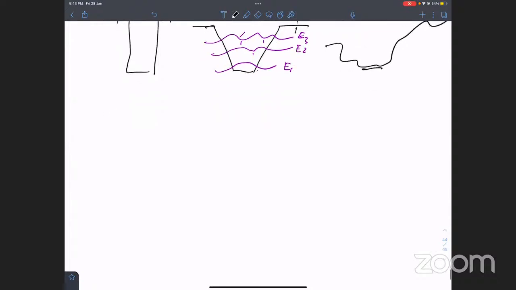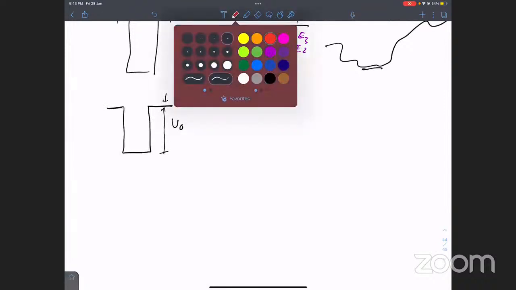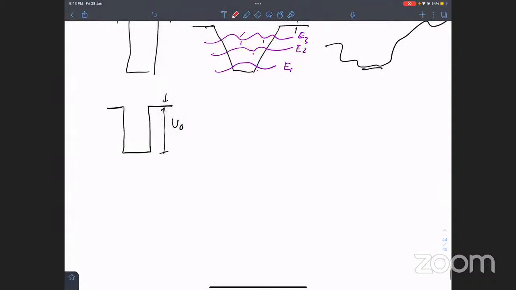So, for example, if you go to a finite potential well now, let's say this height is fixed, it's U naught. Now, if I have a trapped state, its energy must always be less than this particular level. If I consider this as 0, that means all the trapped states should have their energy negative. Because if it has an energy that is larger, that means it's no longer trapped.